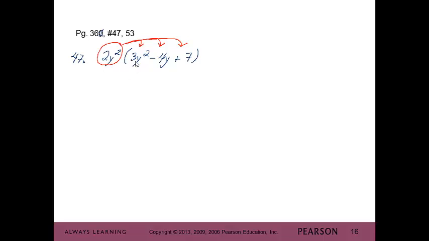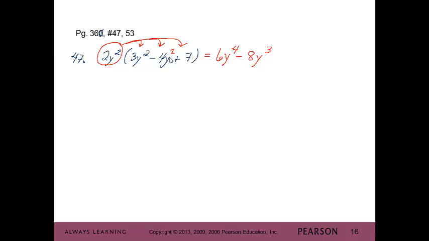So 2y squared times 3y squared. So 2 times 3, which is 6. And then y squared times y squared, keep the y, add the exponents, 2 plus 2, which is 4. And then keep going, 2y squared times negative 4y, so that makes it minus 8y to the 3rd power.